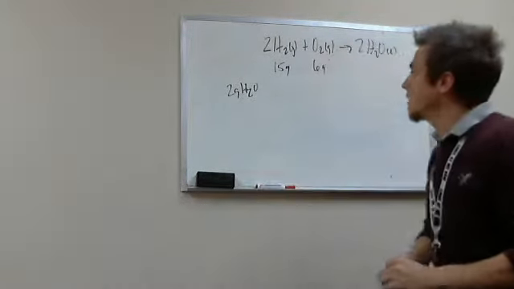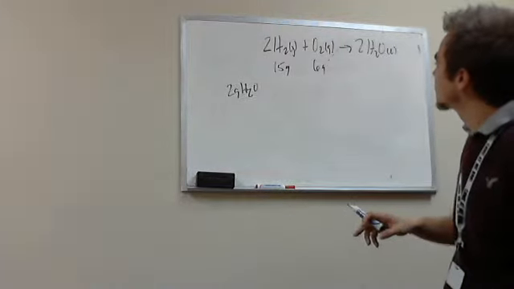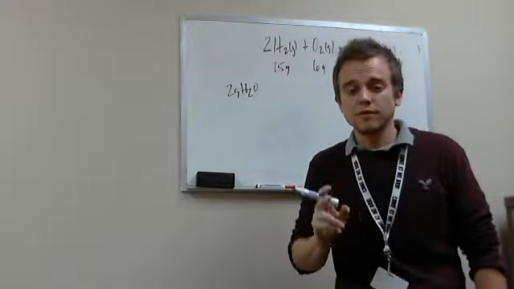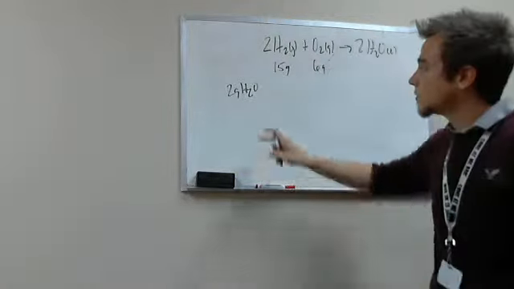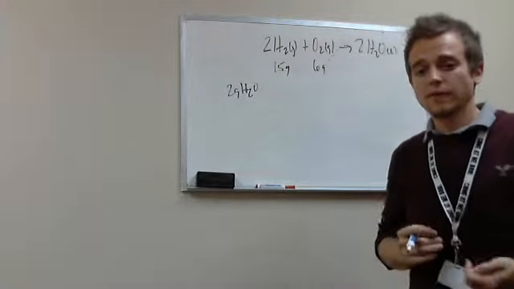So we've got a reaction here, and we react 15 grams of hydrogen with 6 grams of oxygen. How much water is produced? What's our theoretical yield? And what's our percent yield? To do that, we have to find our limiting reagent, so we have to do all three.